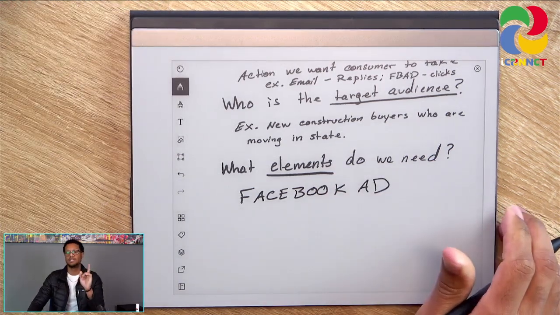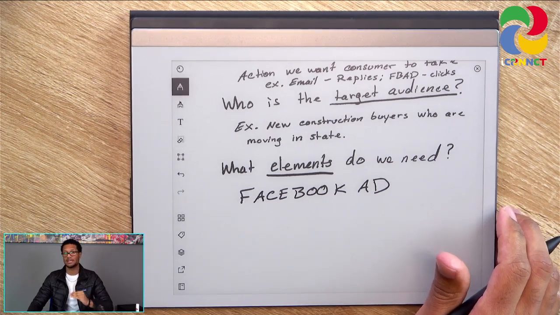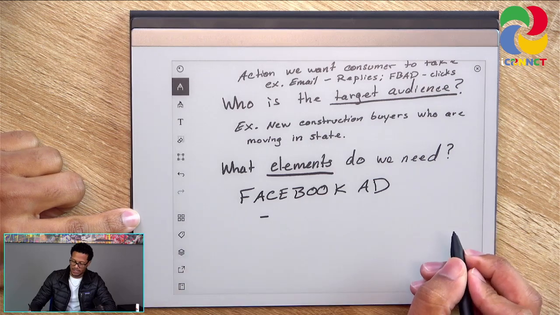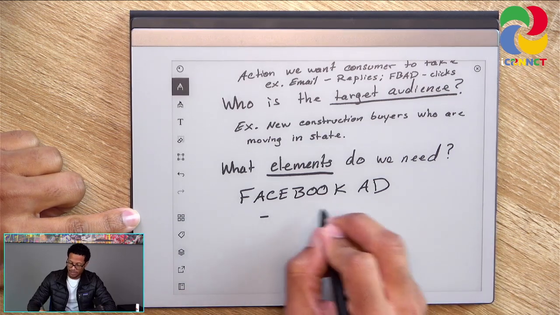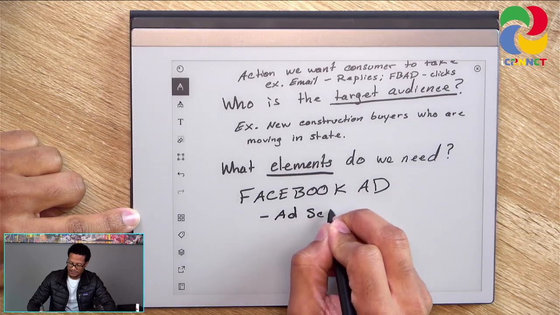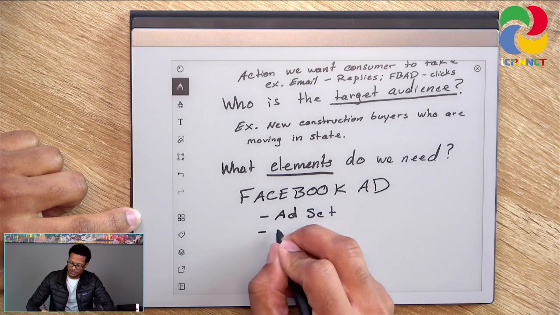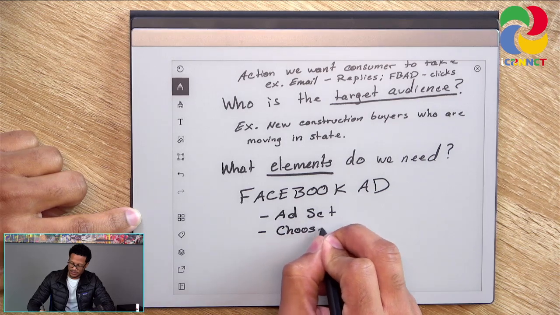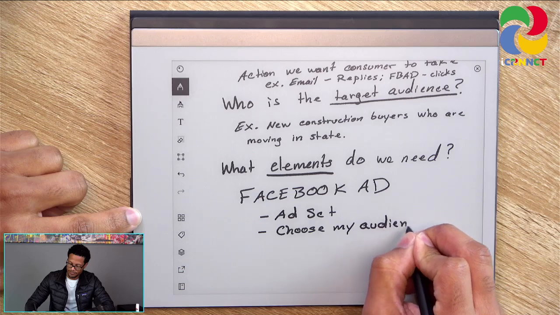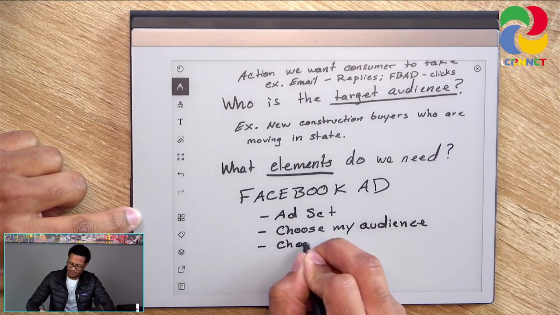And now, this Facebook ad actually consists of more things within it, right? I'm going to need to set my budget. So basically in Facebook ads, it's called the ad set, right? I have to set that up. I'm also going to have to choose my audience. I'm also going to have to choose the campaign type.